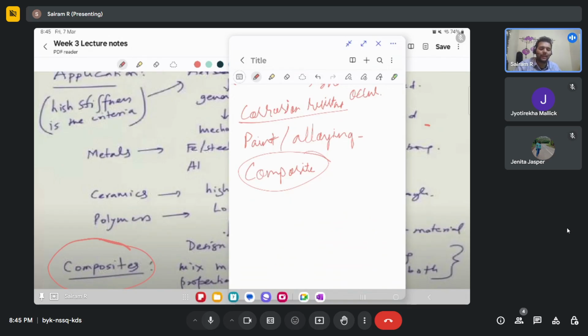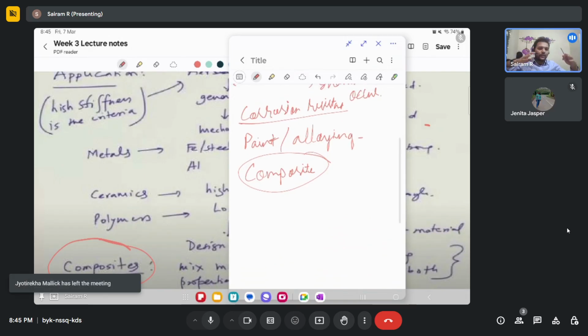One more very simple example. I am from Mumbai, and in Mumbai, it rains for 3 months continuously. We have umbrellas, right? What happens in umbrellas? It is just a piece of cloth, but can we think of it as a composite as well?